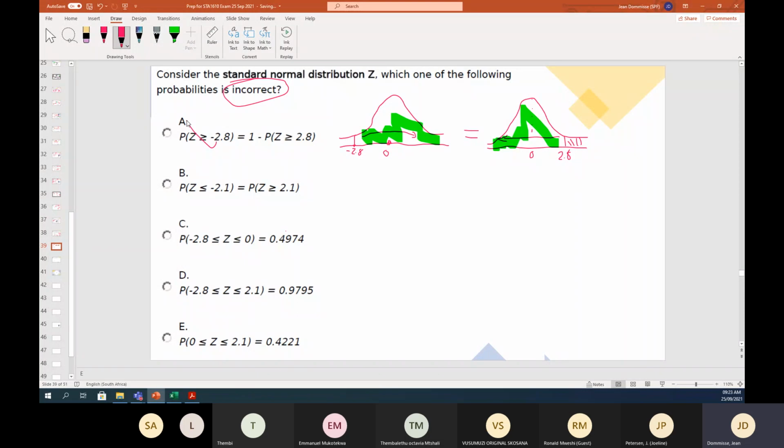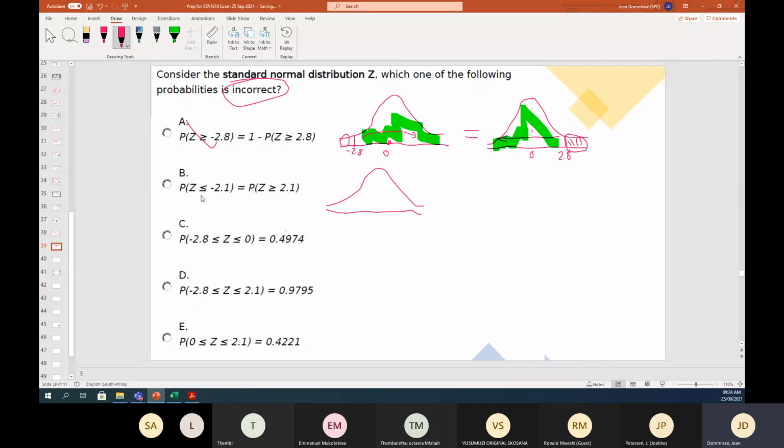Again, it's the theory of the normal distribution, which is symmetrical, so that small area of minus 2.8 is the same size as that small area of 2.8, so then the opposite also applies. Okay, cool. So the first one is correct. Unfortunately, I'm looking for the incorrect one. That's why I like to draw the diagrams, because that just makes it easier for myself.